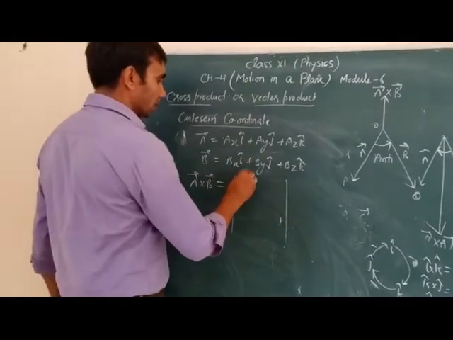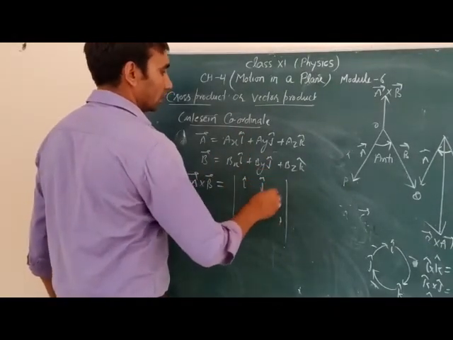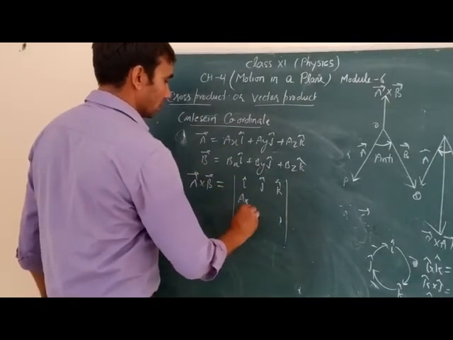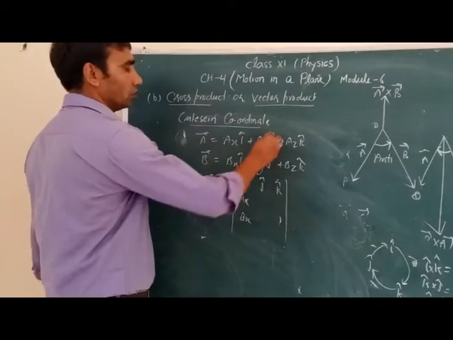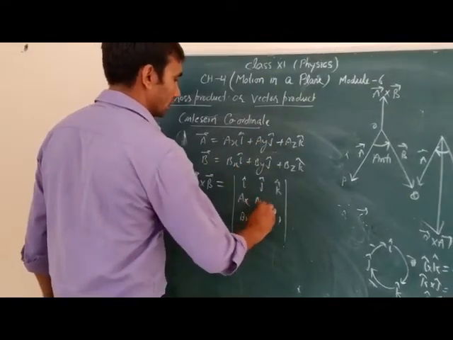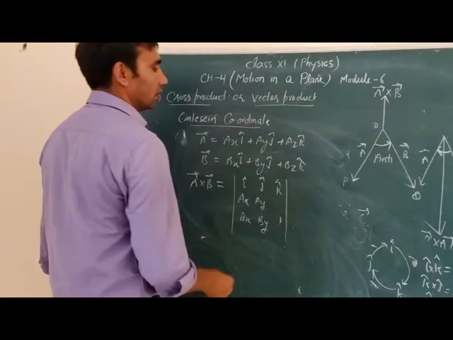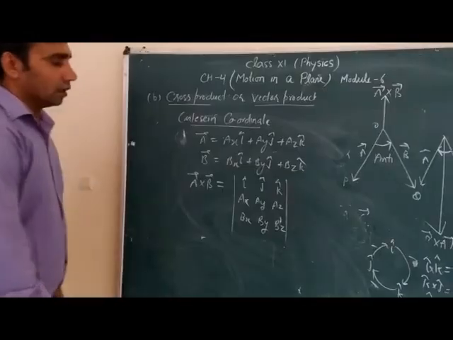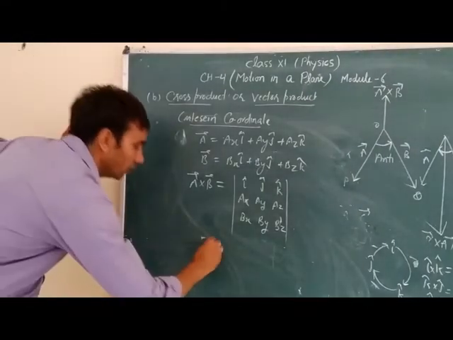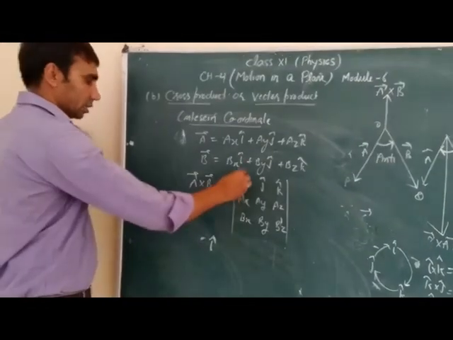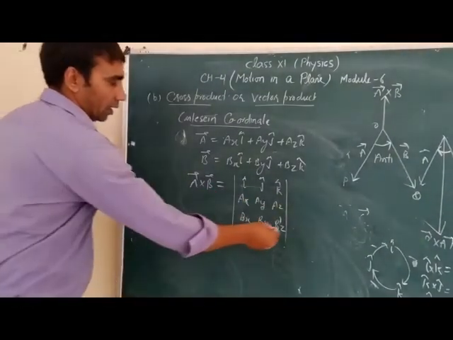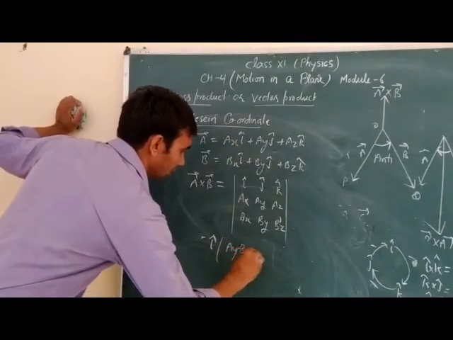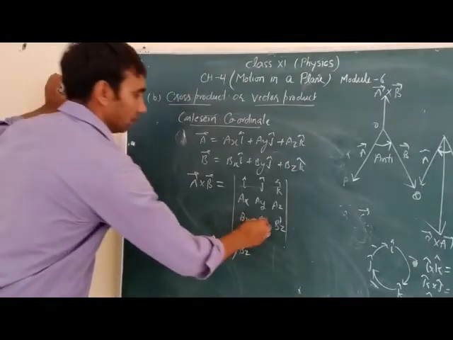I unit vector, j unit vector, k unit vector are in the first row. Coefficients of I unit vector: ax, bx. Coefficients of j unit vector: ay, by. Then az, bz. For the I unit vector, this row and column are cancelled: ay bz minus by az.